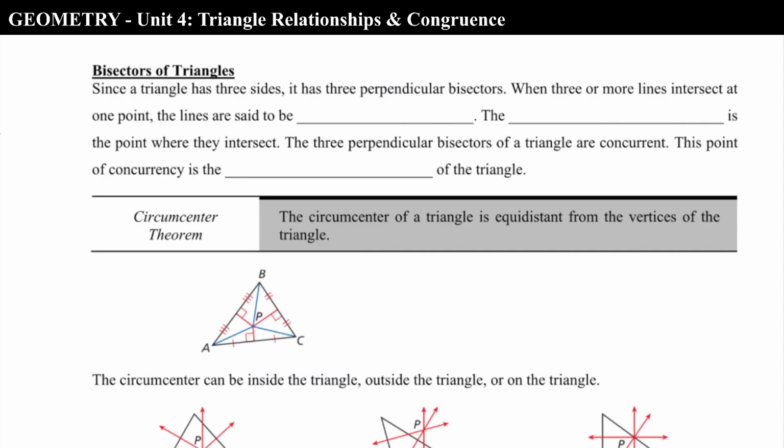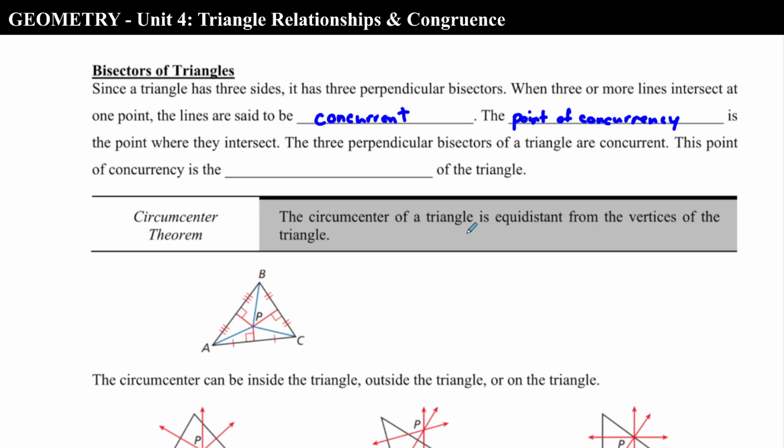All right, moving on to the bisectors of triangles. Since a triangle has 3 sides, it has 3 perpendicular bisectors. When 3 or more lines intersect at one point, the lines are said to be concurrent. Now, the point of concurrency is the point where they intersect.